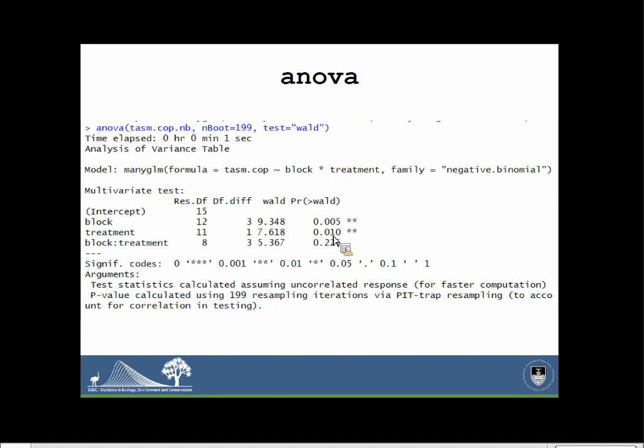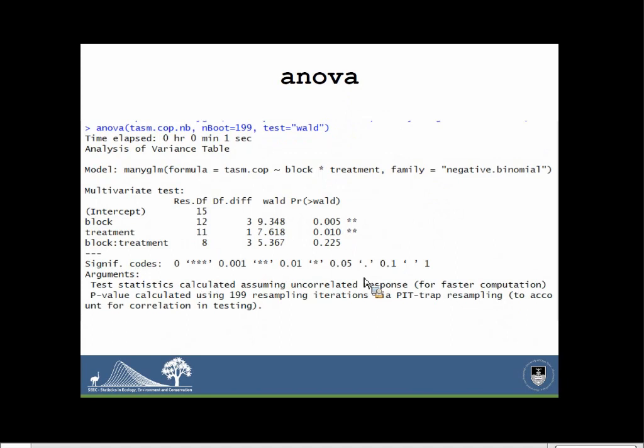And you can see that block is definitely a significant effect, so does treatment, but there's no interaction between them. So essentially you're getting the same directional response in treatment for all the different blocks. So you don't have to worry about that. Okay, so that's great, there is an effect.